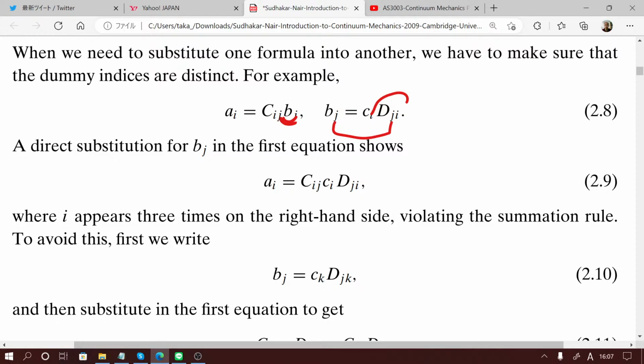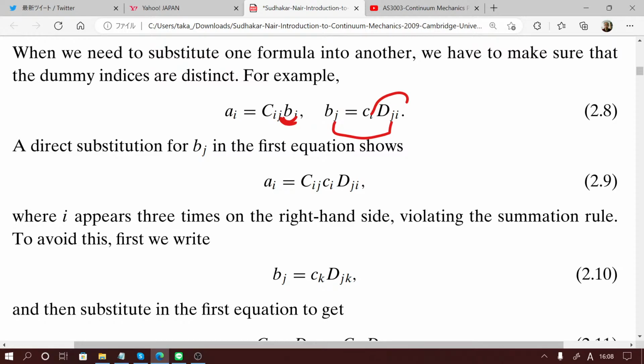So the index we use on the left hand side, which is I, has to be distinct from J. A direct substitution for Bj in the first equation shows Ai equals Cij Ci Dji, where I appears 3 times on the right hand side, violating the summation rule.